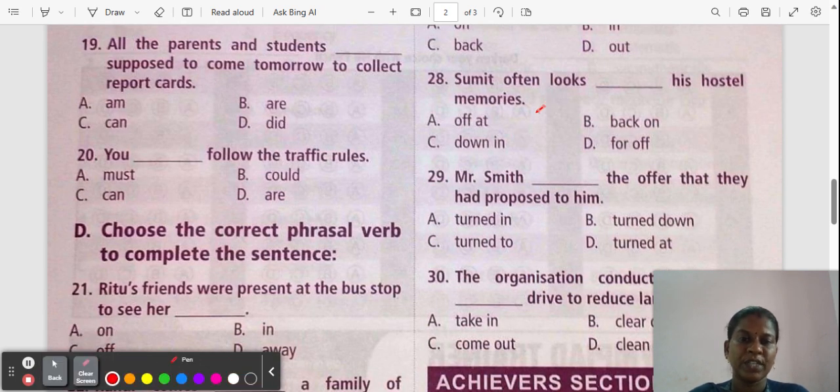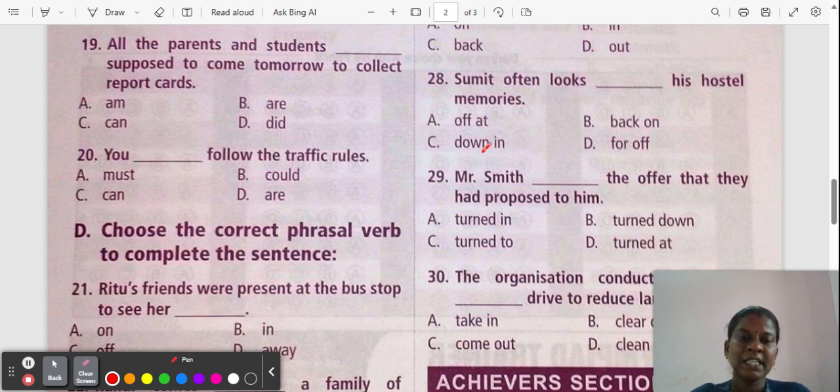Then, question number 28. Sumit often looks dash his hostel memories. Option A, off at. Option B, back on. Option C, down in. Option D, turn off at. Off at means leave. Option B, back on, means he wants to remember the past days.